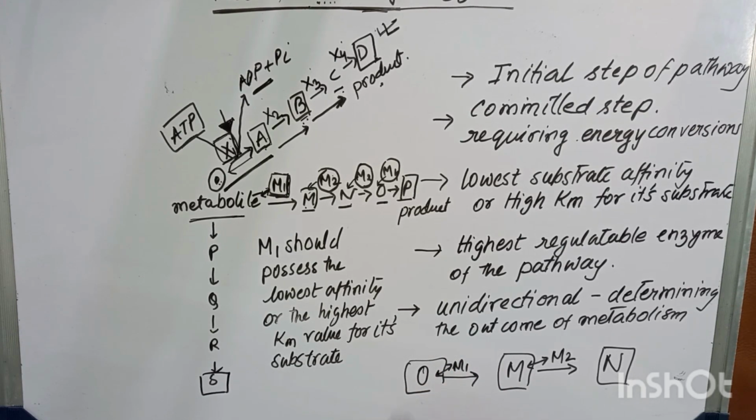So this step becomes the rate limiting step because it has the lowest affinity for its substrate, or the highest Km value. Lowest affinity means highest Km value.